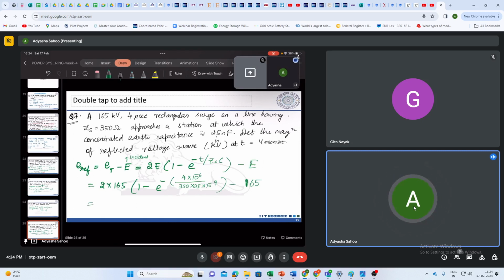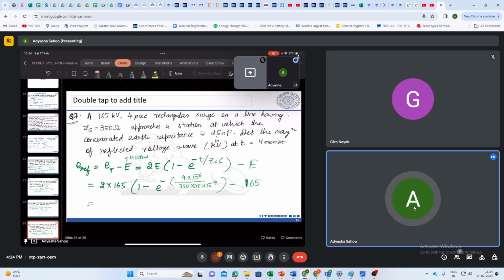So if I calculate this, that is e to the power of minus 4 into 10 to the power minus 6 divided by 350 into 25 into 10 to the power minus 9. So 1 minus this, times 2 into 165.